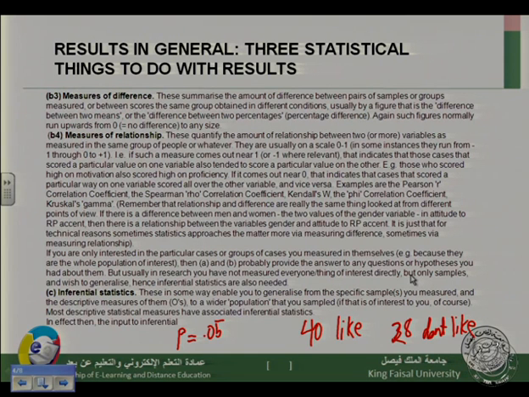How do we get this number? By computer. There are special programs, special software to calculate the differences. We enter the numbers, click enter, and you get this number. If you get this number or less than this number, then it is called in research a significant difference.